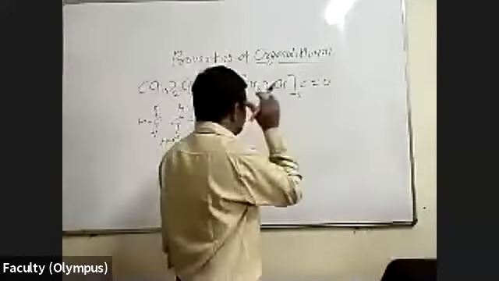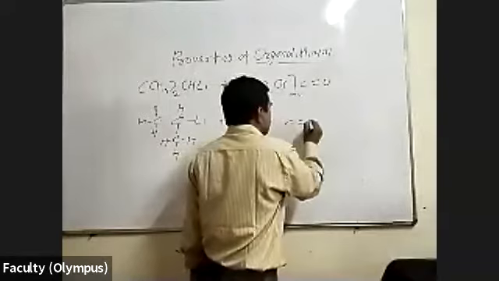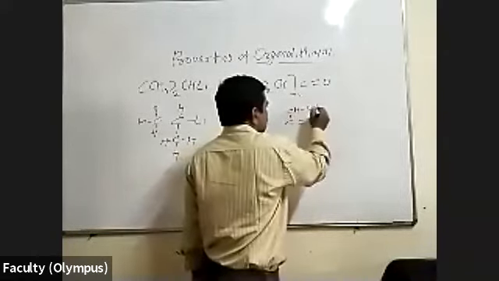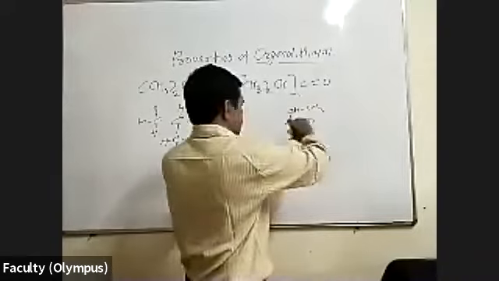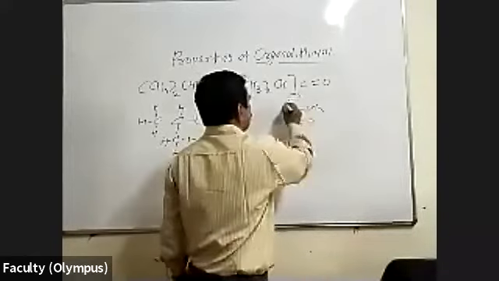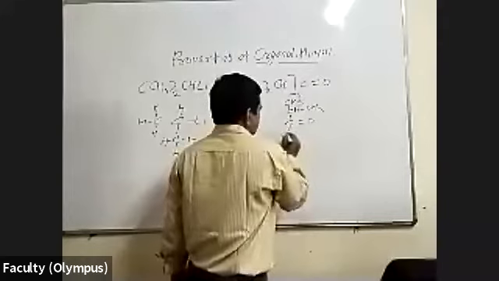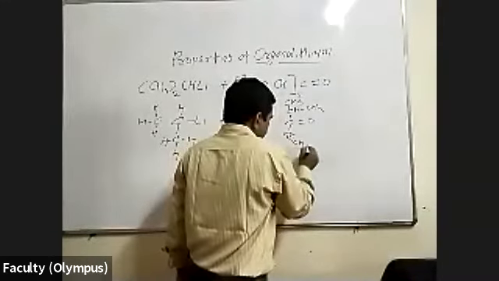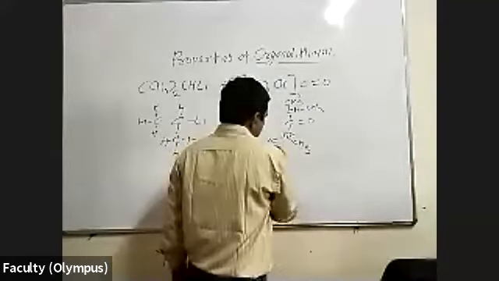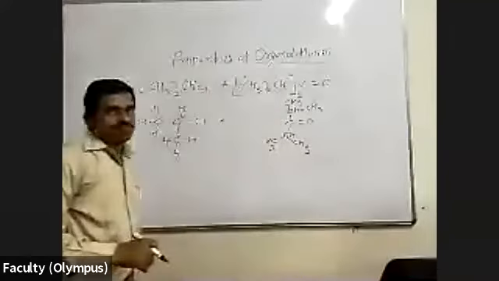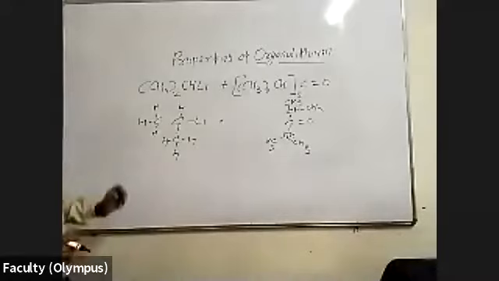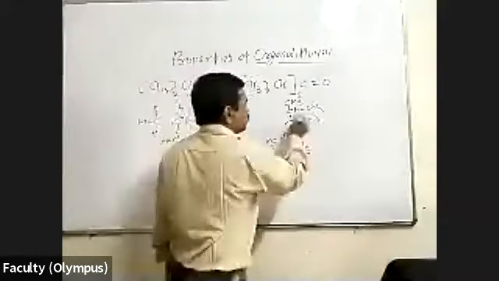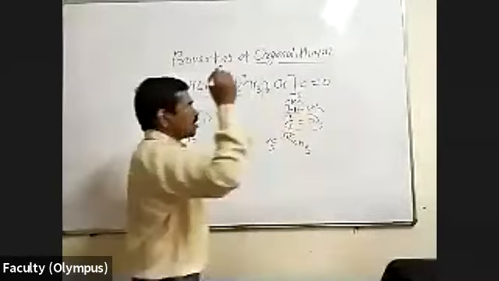Plus, this compound can be written as C double bond O with CH, CH3, CH3. If I write hydrogen separately, then there will be more crowding. Here, there is crowding of atoms around this lithium also and around this carbonyl carbon also.